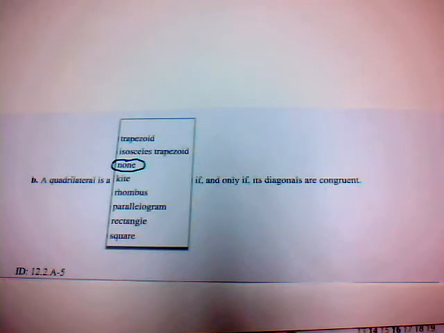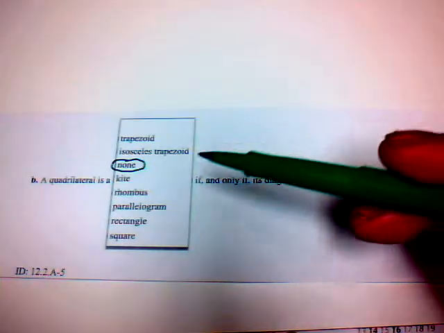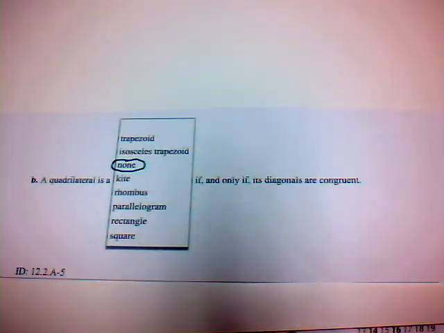Because it's saying if and only if the diagonals are congruent. That means if the diagonals are congruent, then one of those would be a quadrilateral. Okay? There needs to be more information for that to say that the diagonals are congruent. So the answer there would be none.